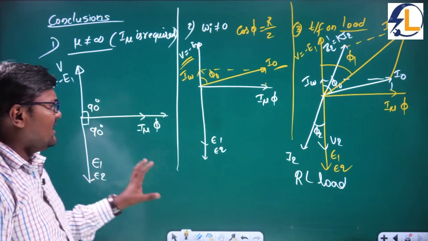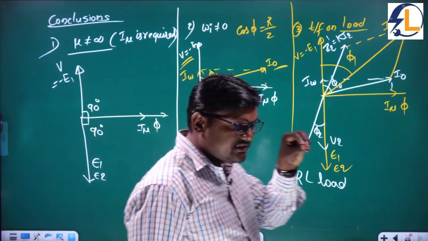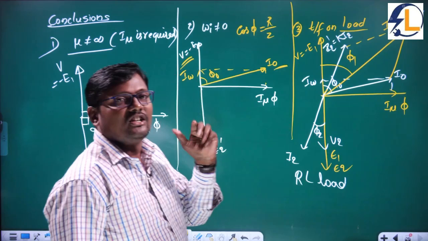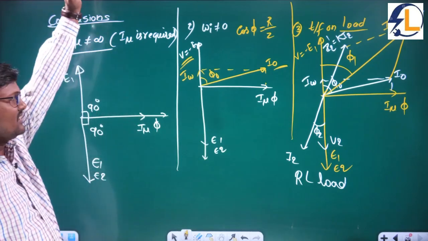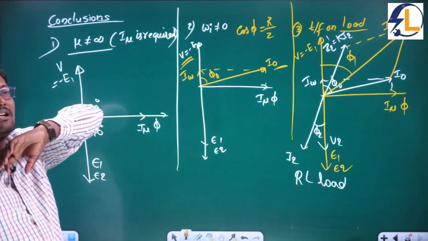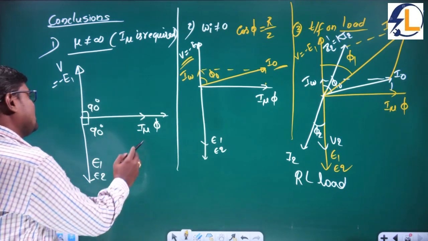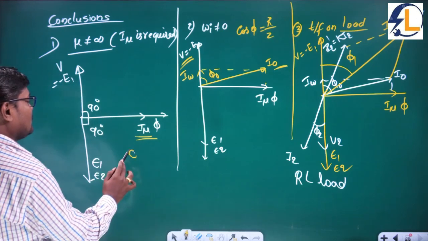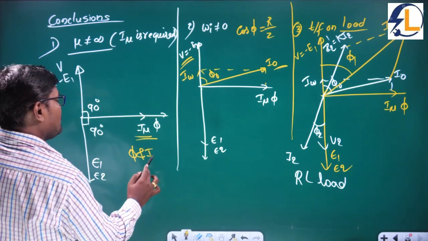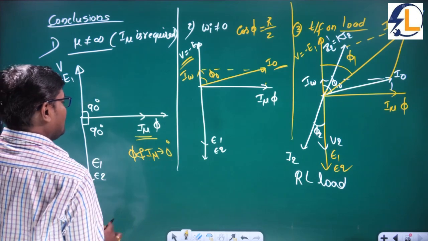From these three, what are the competitive bits coming? That is your question, right? So when the permeability is not infinity, that means minimum excitation current is required to produce the flux. The angle between the flux and I mu is 0 degrees, sir.